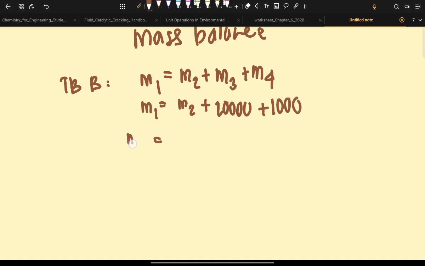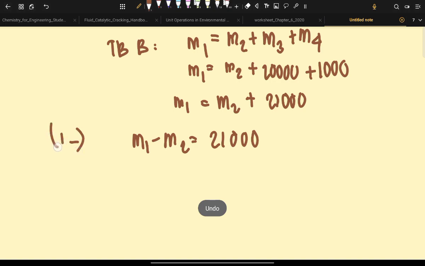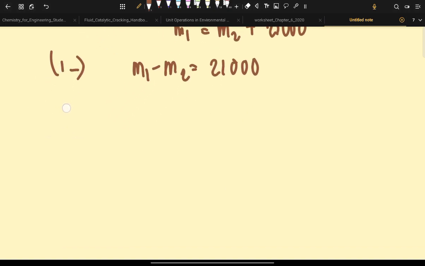So we get M1 equals M2 plus 21,000, and then you get M1 minus M2 equals 21,000. So this is your first equation.